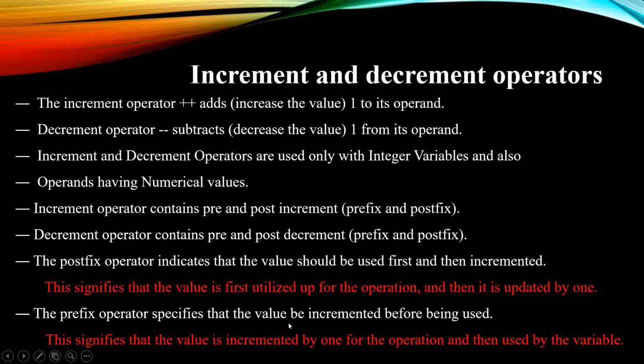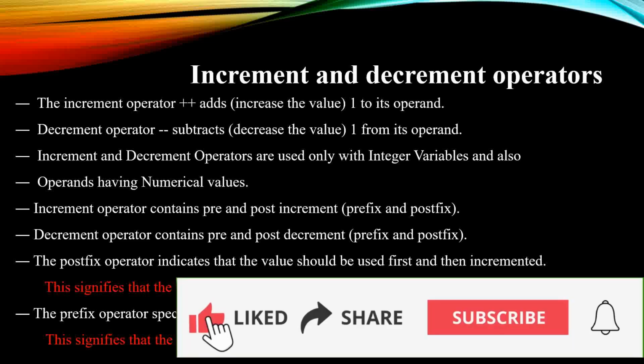Now, if you look at this one, what did we say here? We have to use the value first. Here, the value was used first. But here, we increment it before being used. So we have to increase the value before. In this context, either increment or decrement is performed before using it in the equation.